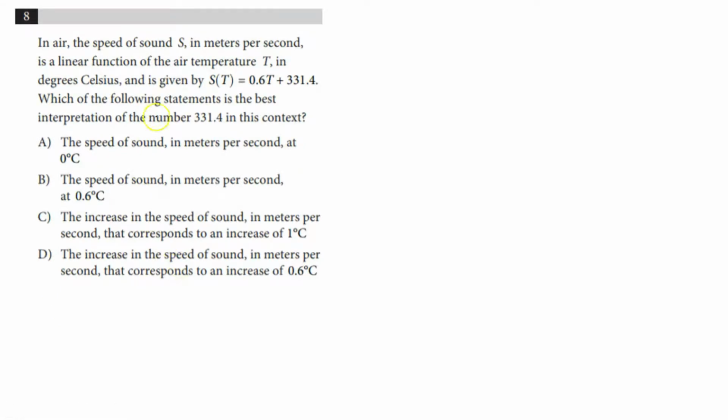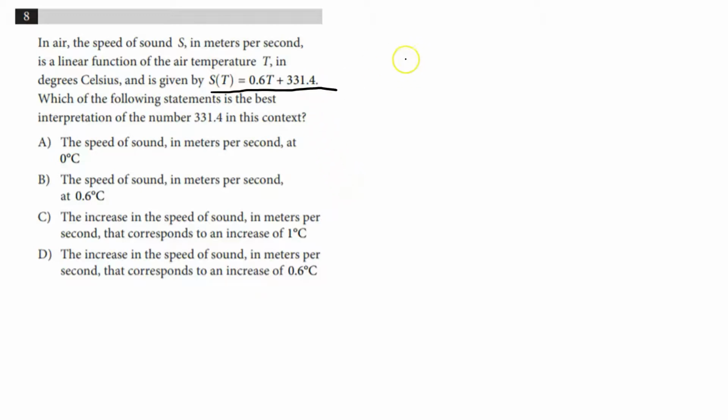Number 8. In air, the speed of sound s in meters per second is a linear function of the air temperature T in degrees Celsius and is given by s of t equals 0.6t plus 331.4. Which of the following statements is the best interpretation of 331.4 in this context?